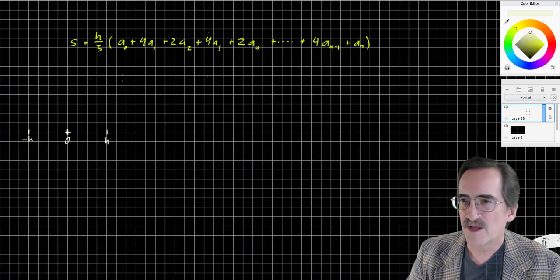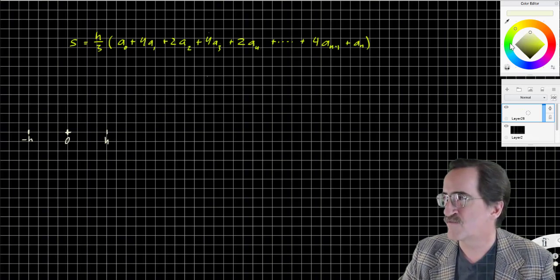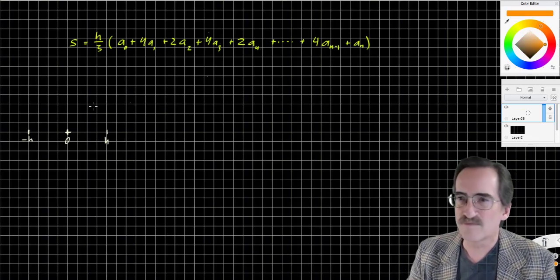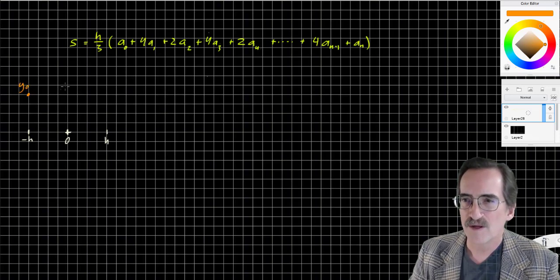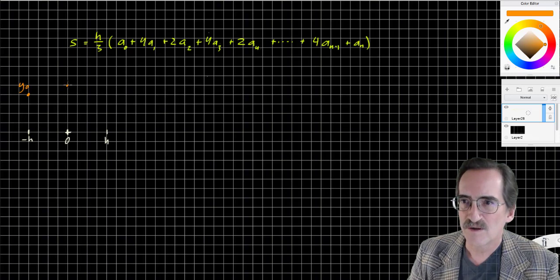We'll get out some function value for negative h, which we'll call y sub 0, and we'll get out some function value for 0, we'll call that y sub 1, and we'll get out some function value for h, we'll call that y sub 2.